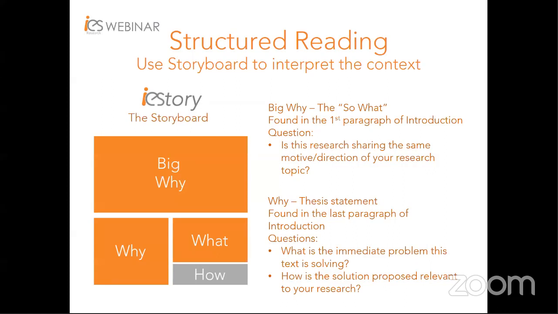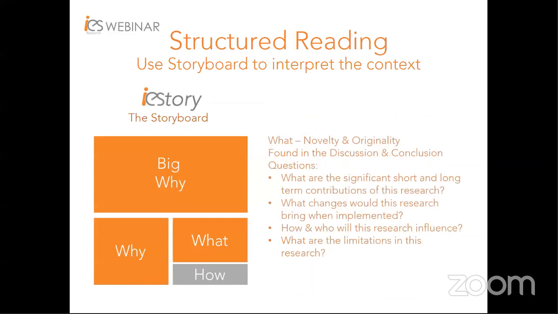By identifying the immediate problem the article is trying to solve and the relevancy of the solution proposed, you could tweak it to support your work or even address the gap that your research would be solving. The what portion of the article is where you could trace for the novelty and the originality of the research.